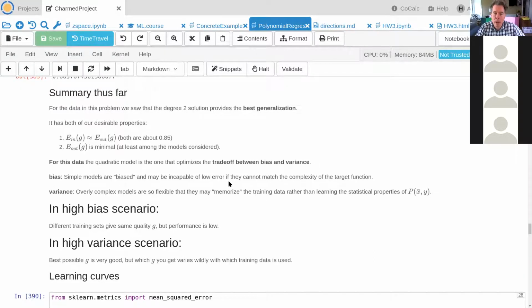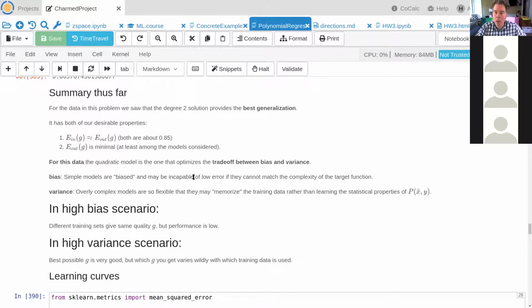Now we're going to start talking about bias and variance, and bias and variance is probably all that we're going to talk about on Thursday. So let's look at these two sentences here. Simple models are biased. Bias is a very overloaded word in machine learning. It has at least 3 different meanings.